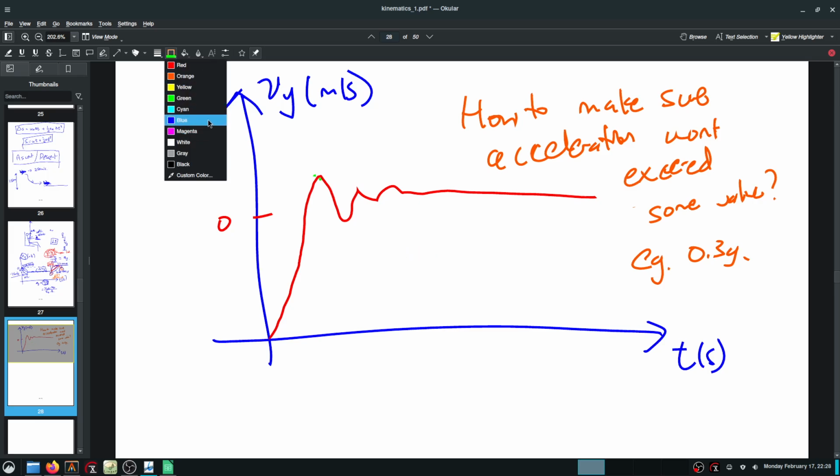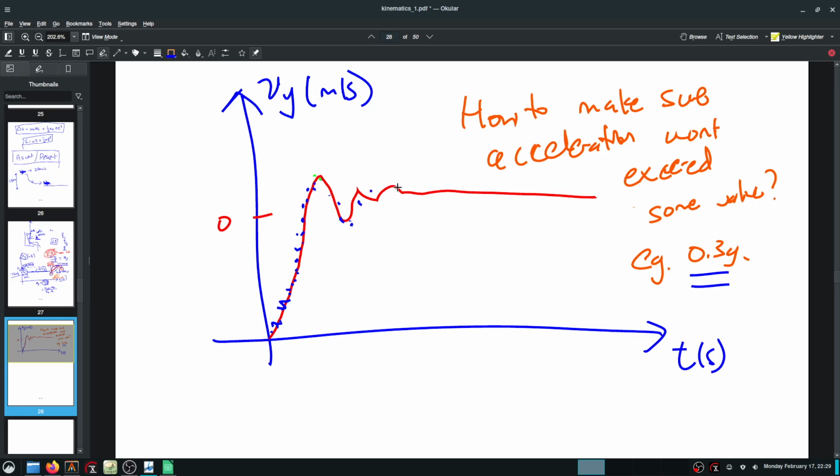Basically, if you see yourself on this plane, and you are experiencing this velocity graph, assuming you know that, you will want to check the acceleration at each point on this graph to make sure it doesn't exceed 0.3 g. To ensure that, you first need to know the acceleration at all these points of the graph.